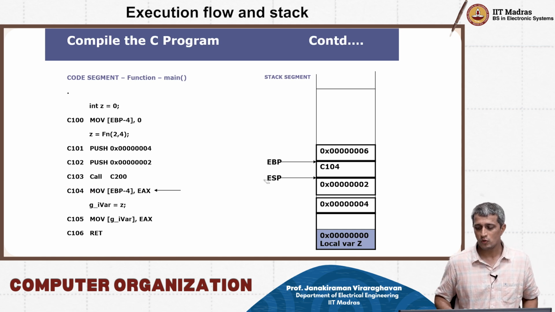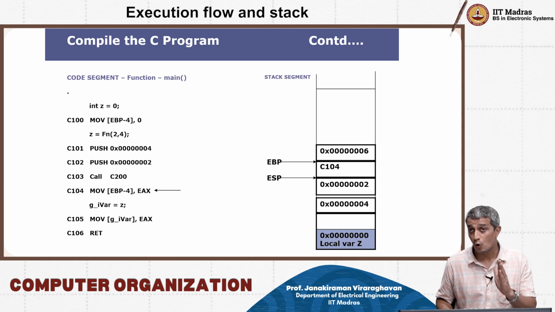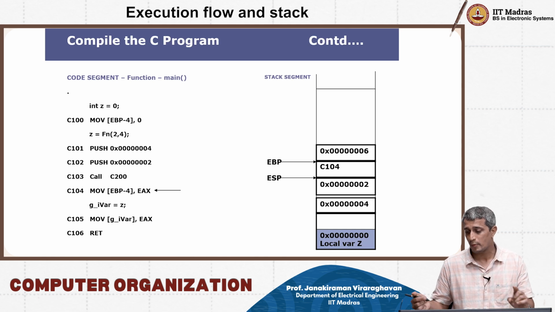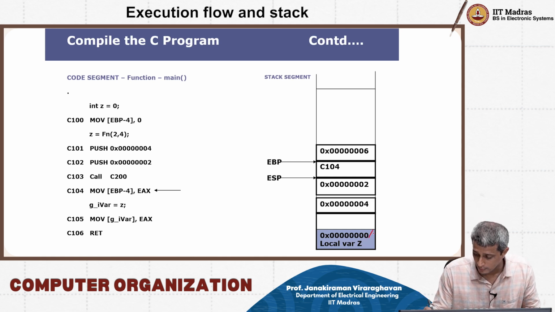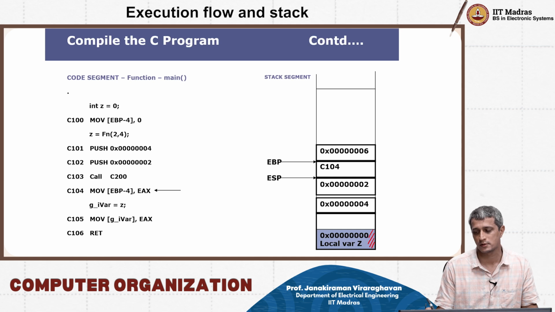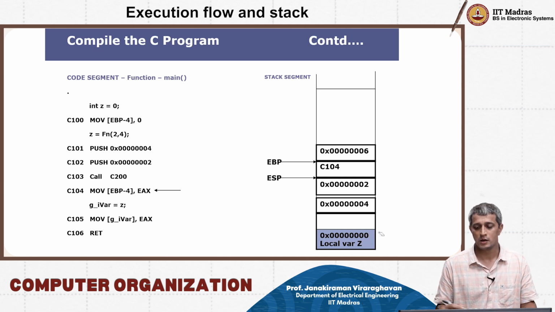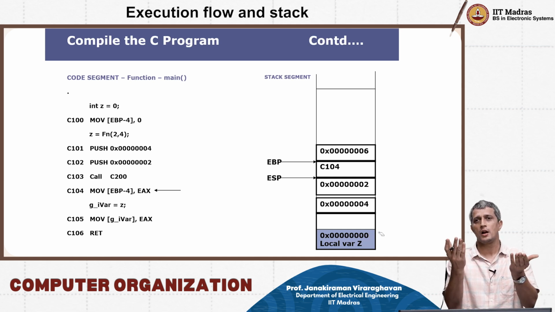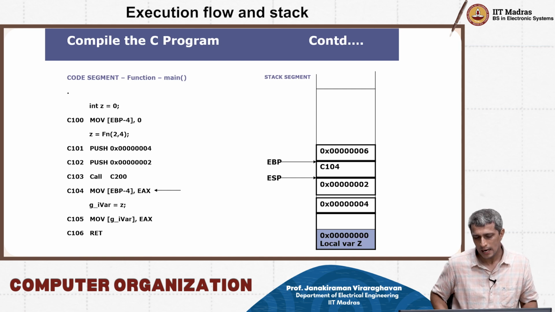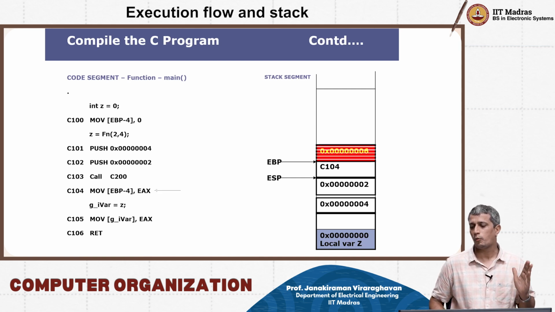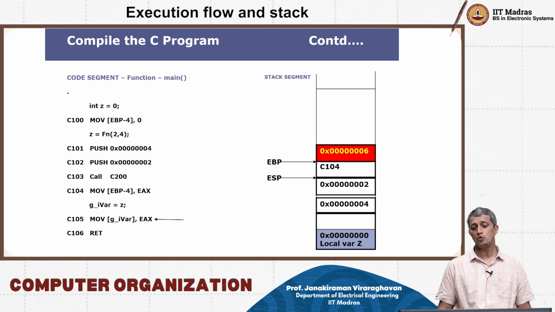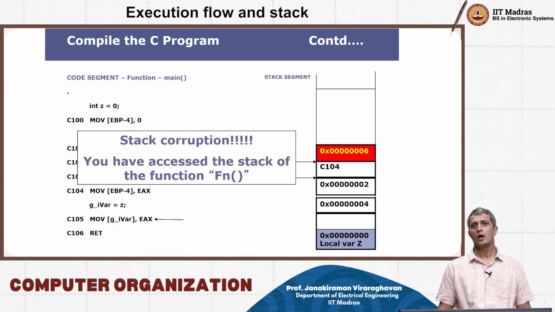Now what do I do? I say move EBP minus 4. So the local variable z in main was also EBP minus 4, but that was sitting here, right, in this place. However, we have gone to that function, we have done something, and that EBP is now pointing to a different thing. So when you do move EBP minus 4 comma EAX, why EAX?